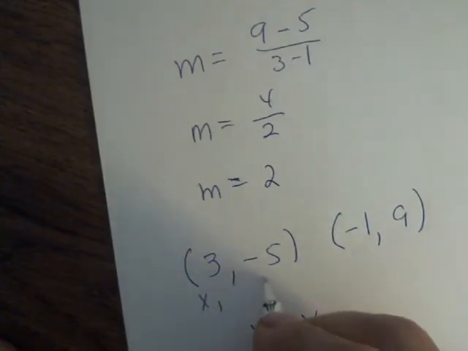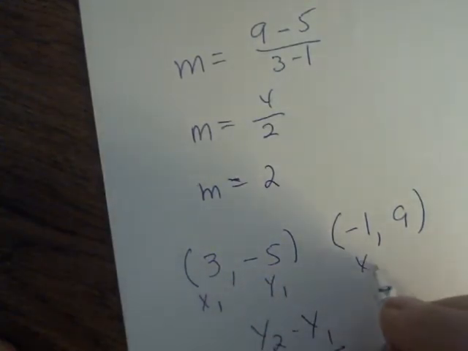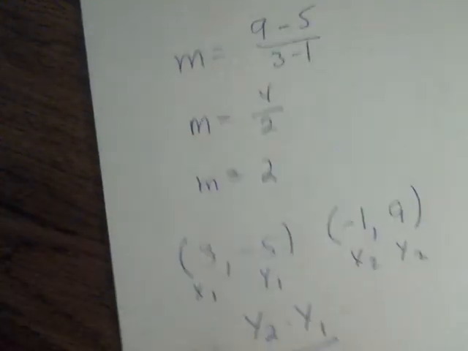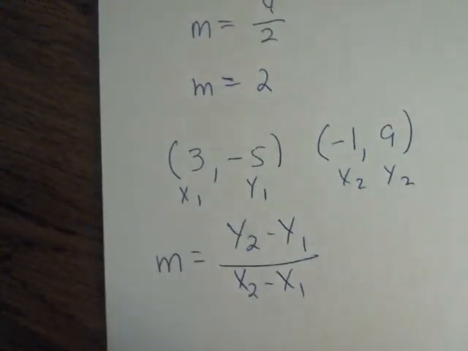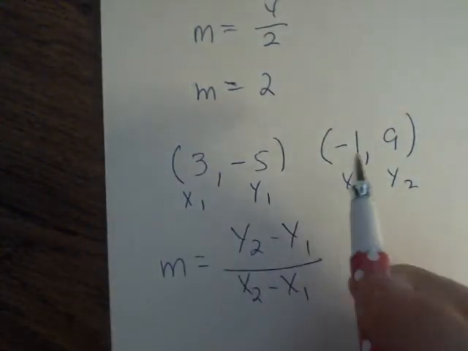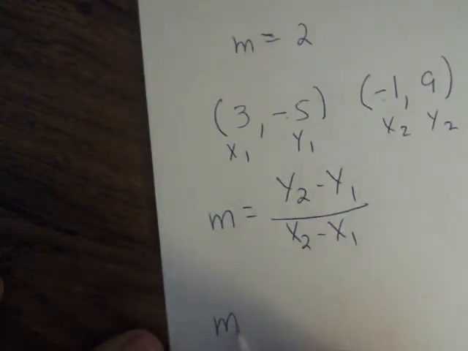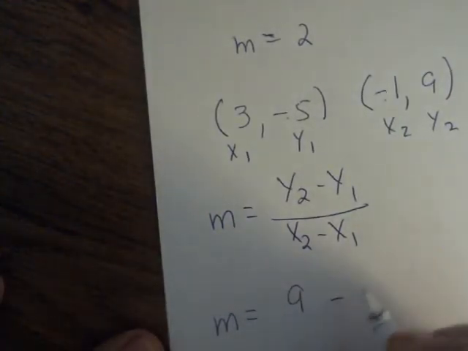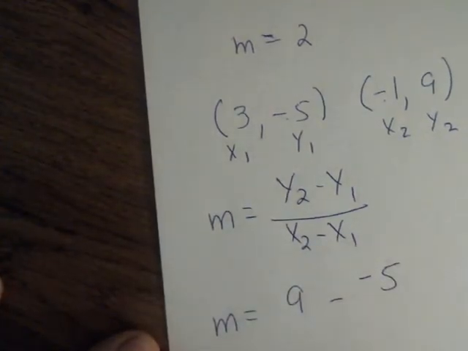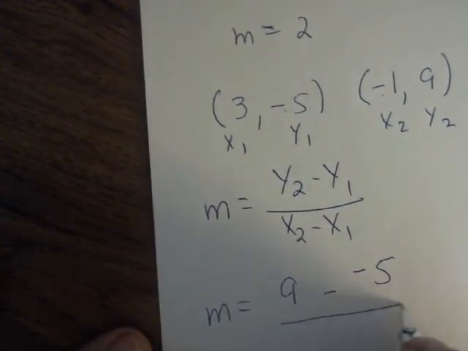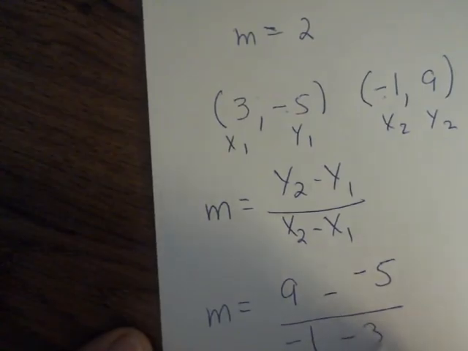Again, this is still x1, this is y1, this is x2, this is y2. But you have to be careful because this minus sign has nothing to do with the signs of these numbers. So I take 9 minus negative 5 over negative 1 minus 3.